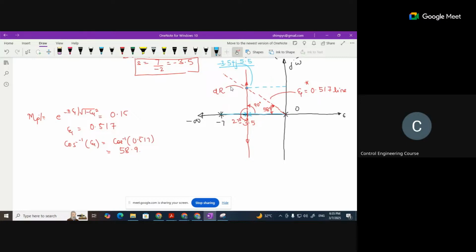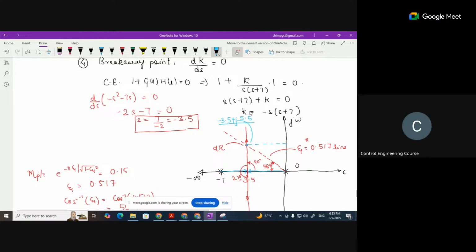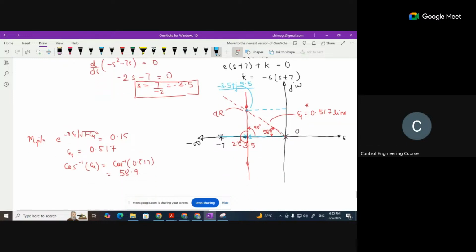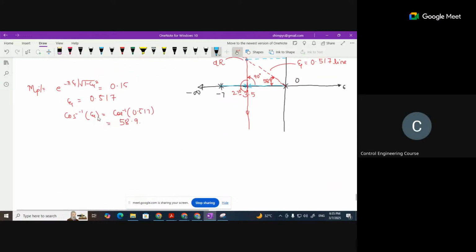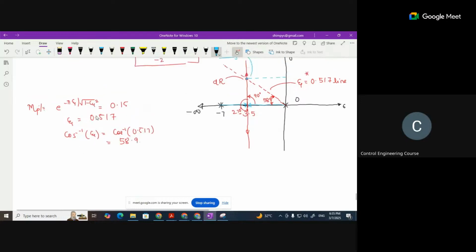Can you do it? What will be the value of K here at DR? Just calculate it quickly and let me know. From here you can find out K by putting this. This is our step number 2.